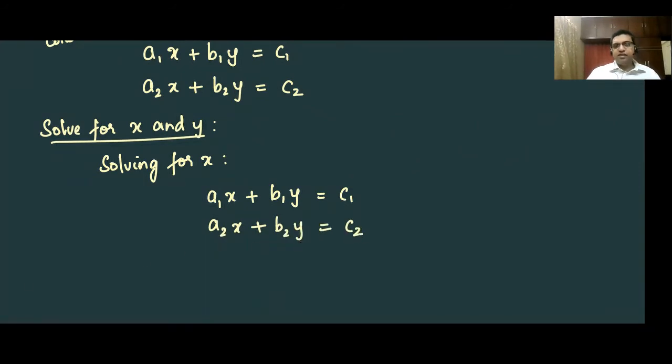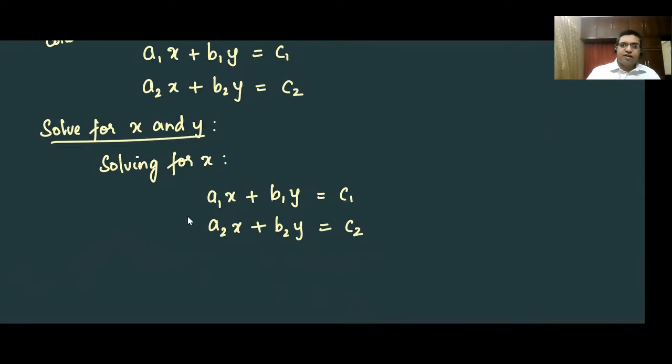These two are simultaneously satisfied. So how do we solve for x? Anyone? You can chat also. How do we solve for x? What is the concept? So by eliminating y. Yes, very good.